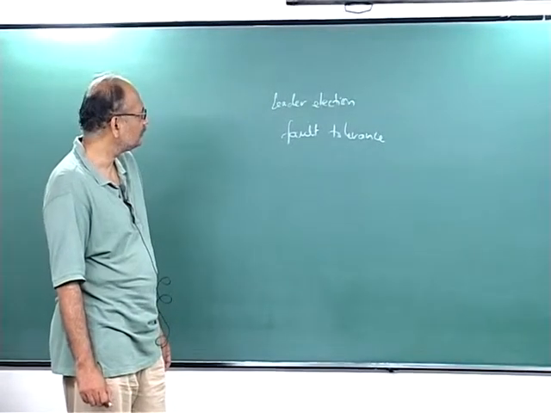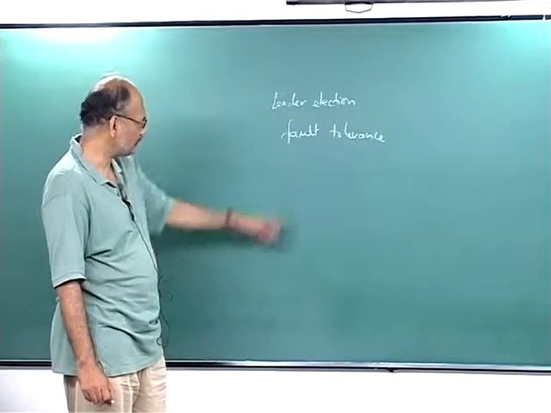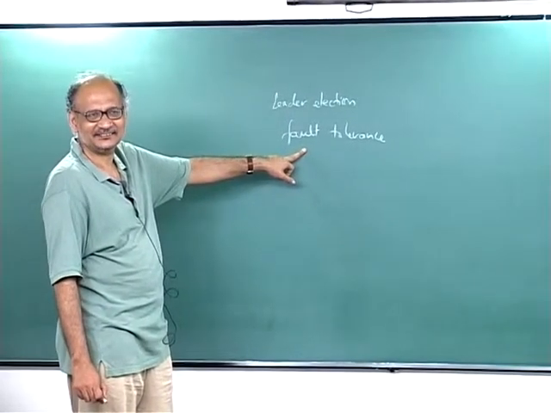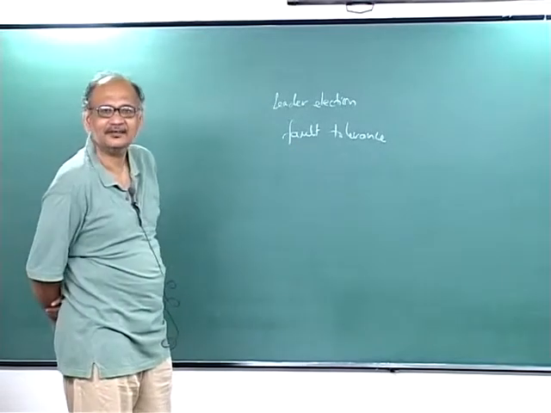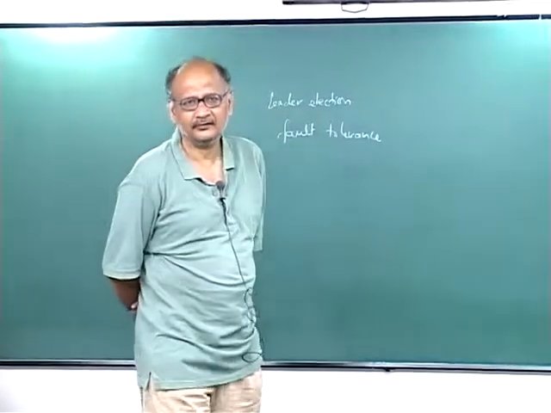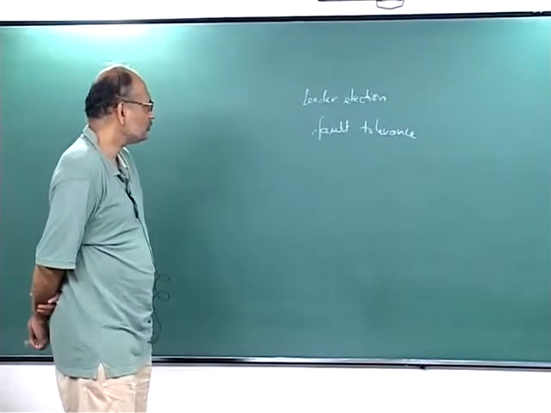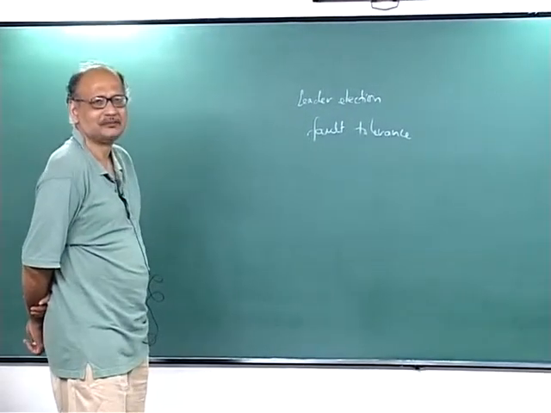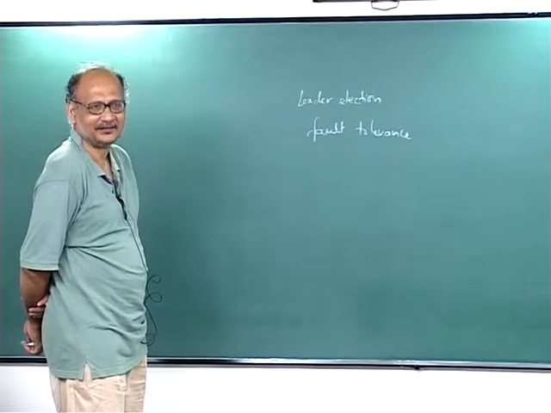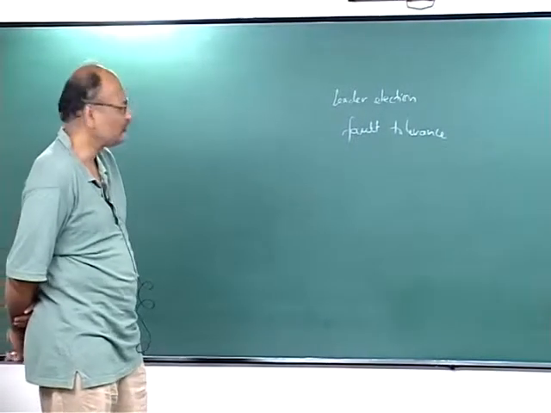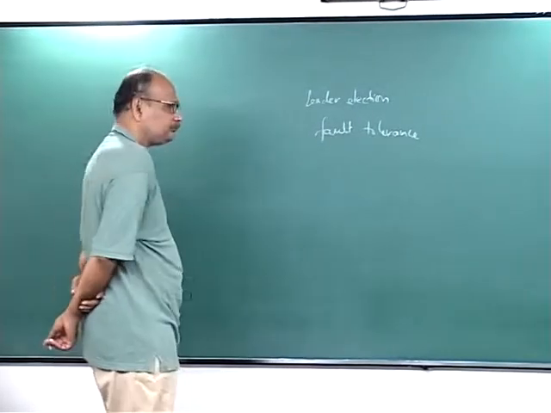I see. What do you mean by fault tolerance? That's not clear to me. Like what happens when a link fails? Okay, fine. But you didn't do something like Byzantine agreement or something like that. Yeah, we did. Okay. Consensus, did you do? Okay. Fine.